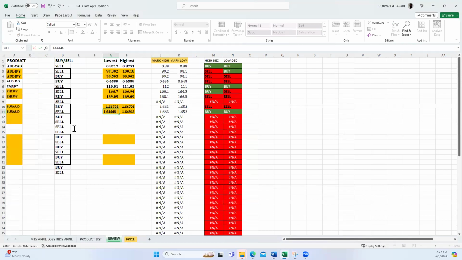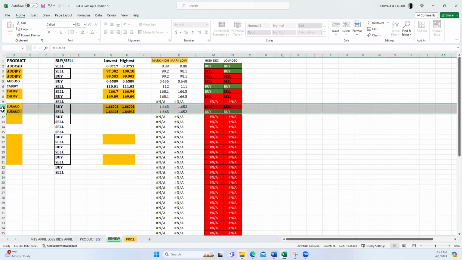So let's see what the market is going to tell us, whether the market is a buy or a sell. Okay, so according to this, wow. You can see from both reports, both of them have their own decision. So we have both decisions, sell and buy. In this instance, what are we going to do? Like I explained earlier, it means that the market is in between this range.